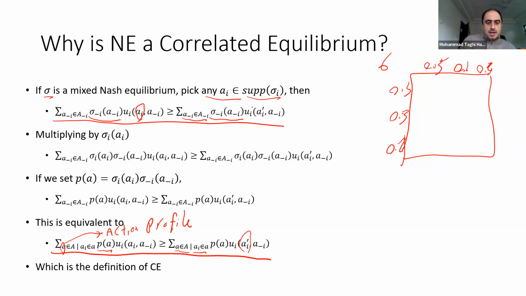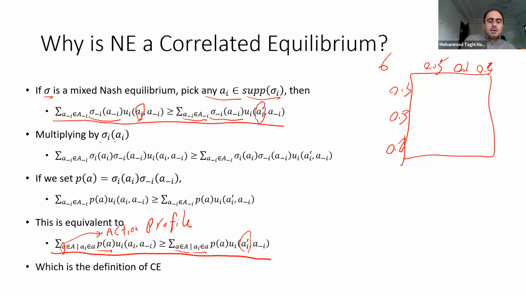This is the exact definition of Nash equilibrium, times u_i of any other action that agent i is taking. So any action in the support, in terms of expected utility, should be greater than or equal to the expected utility of any other actions. This is just essentially the definition of Nash equilibrium.